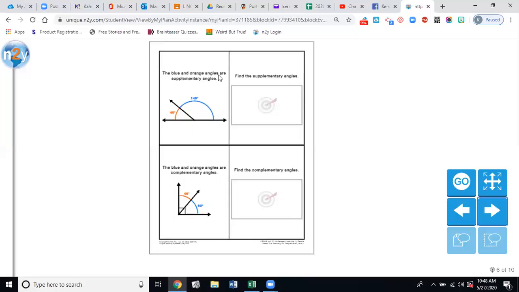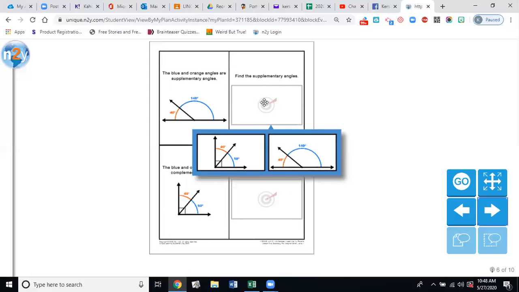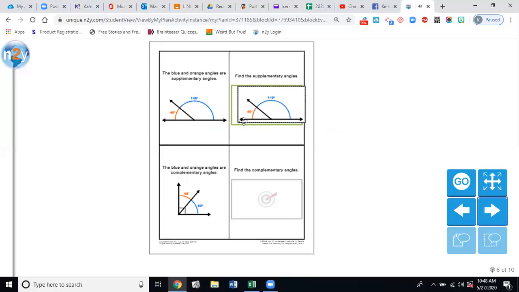The blue and orange angles are supplementary angles. If you add together 140 in blue and 40 degrees in the orange, 140 plus 40 equals 180. So they're supplementary angles. And here's the line at the bottom.